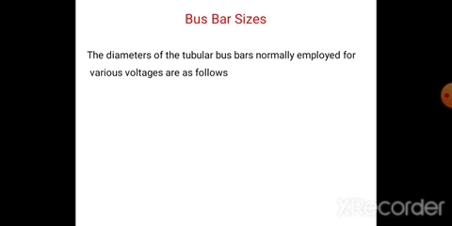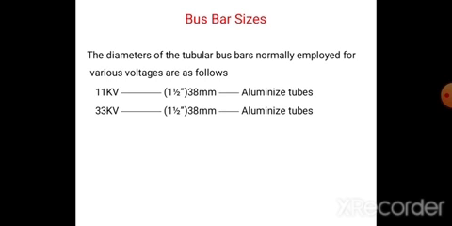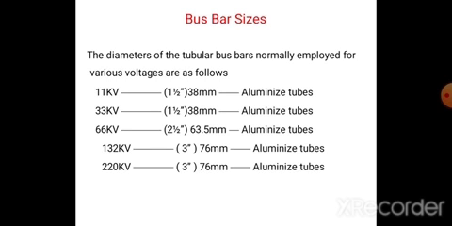The bus bar sizes. The diameters of the tubular bus bars normally employed for various voltages are as follows. For an 11 kV line, it is 1.5 inches, 38 mm aluminized tubes. For 33 kV, 1.5 inches, 38 mm aluminized tubes.